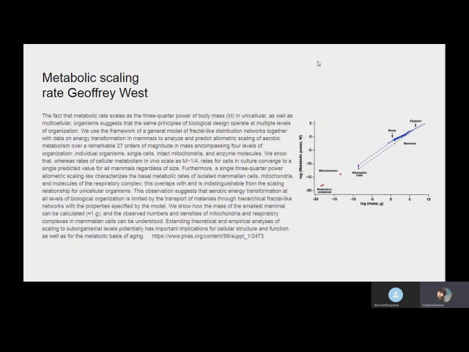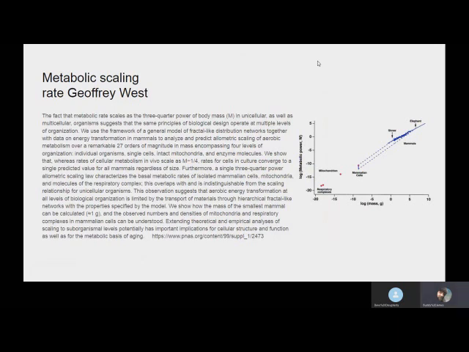We use the framework of a general model of fractal-like distribution networks together with data on energy transformation in mammals to analyze and predict allometric scaling of aerobic metabolism over a remarkable 27 orders of magnitude in mass, encompassing 4 levels of organization: individual organisms, single cells, intact mitochondria, and enzyme molecules.